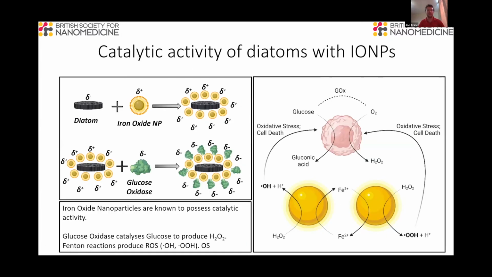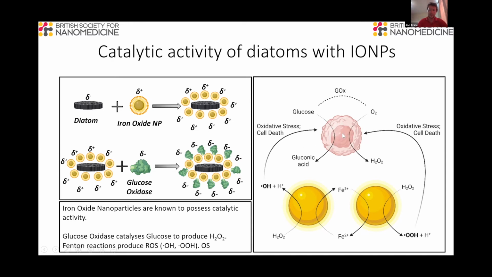So another angle we've been attempting with anti-cancer treatment is to utilize the intrinsic peroxidase activity of iron oxide nanoparticles, and to also see if there was intrinsic peroxidase activity associated with the diatoms as well.